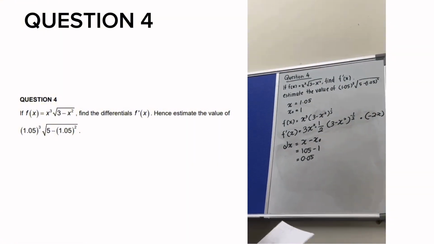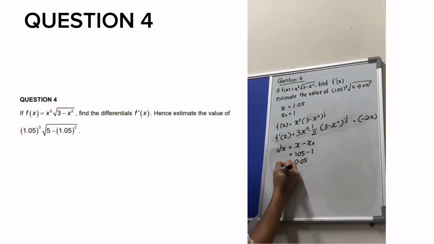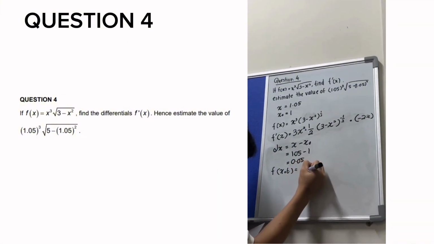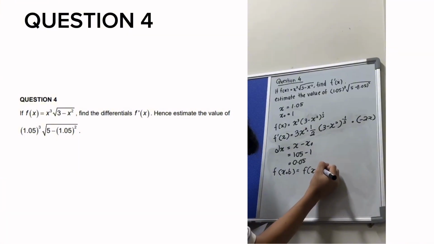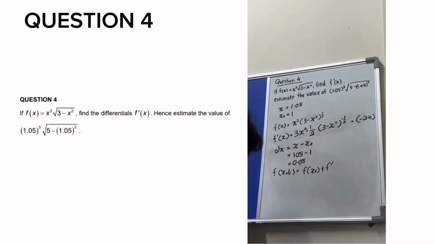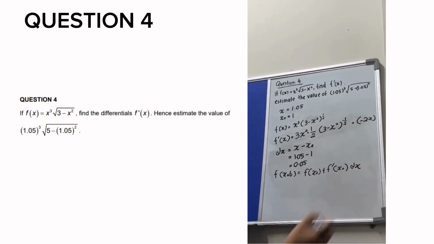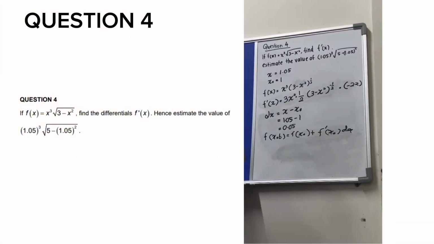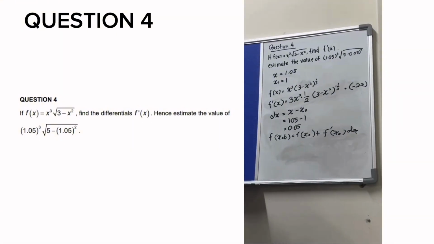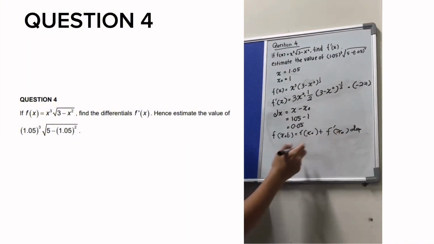If we want to find the final answer, we need to use this formula: f(x) equals f(x naught) plus f prime(x naught) dx. The information that we get, substitute into this formula.